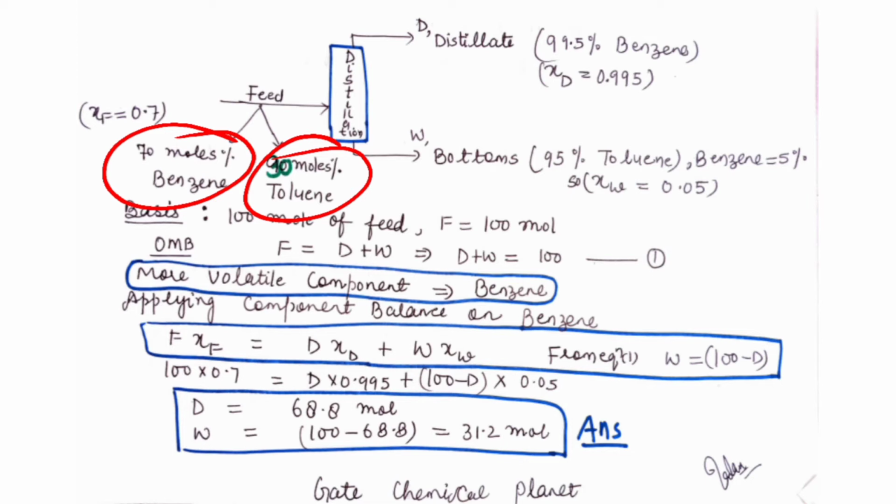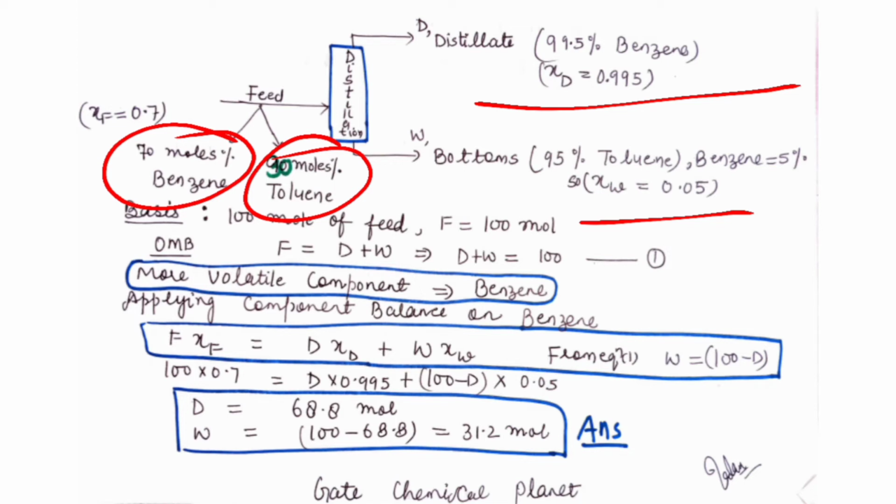In the distillate we have 99.5% benzene, so XD will equal 0.995. In the bottom it is given that 95% toluene is present, so quite obviously 5% benzene is present in the bottom. So XW equals 0.05. Here it is important to take the basis first.